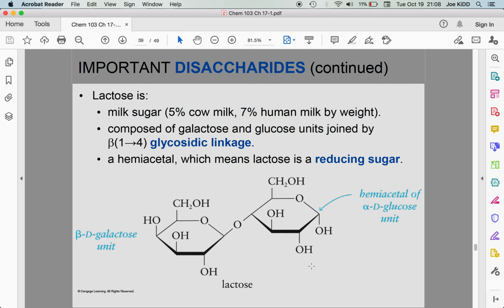So when we're looking at the molecule itself, the 1 carbon on the galactose is in the beta position, so it's pointed up, and the 4 is from the alpha D glucose. I know you might be like, well, is it beta alpha? Because of the directionality that we're looking at, this is going to be a beta 1,4 glycosidic linkage.